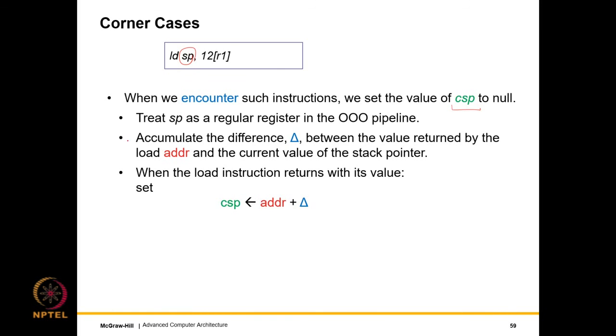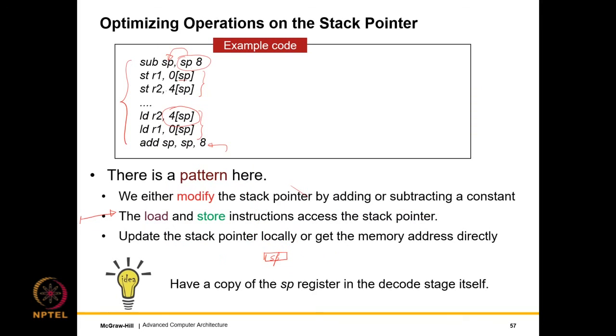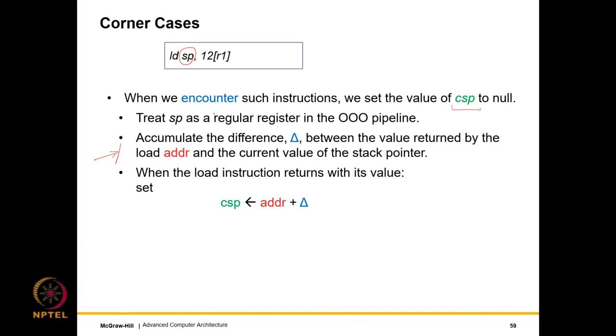Right, till that point, what do we do? Well, till that point we will have instructions of this type that update the stack pointer. So till that point, we just accumulate the difference, right? So 12R1 in this case, since we are writing to the stack pointer and the stack pointer points to an address, we are essentially reading an address from here.